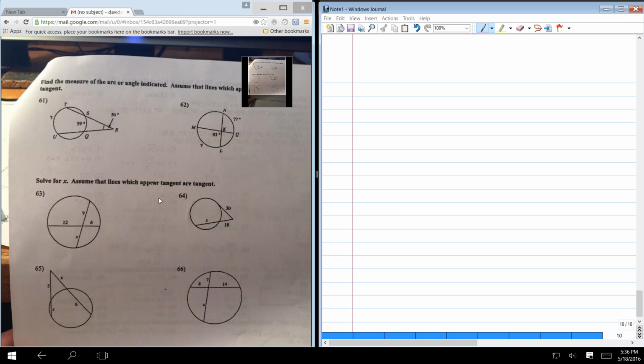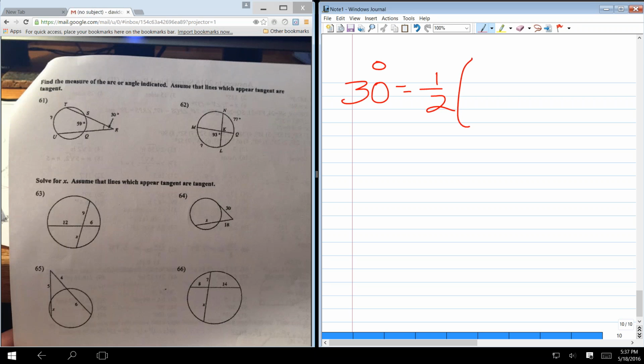For all of these circle problems, the way to start each one of them is the general formula, starting with the angle they give you. In other words, this is two secant lines that are intersecting outside the circle. So that angle is equal to what? Would it be 1/2 59 plus the variable?